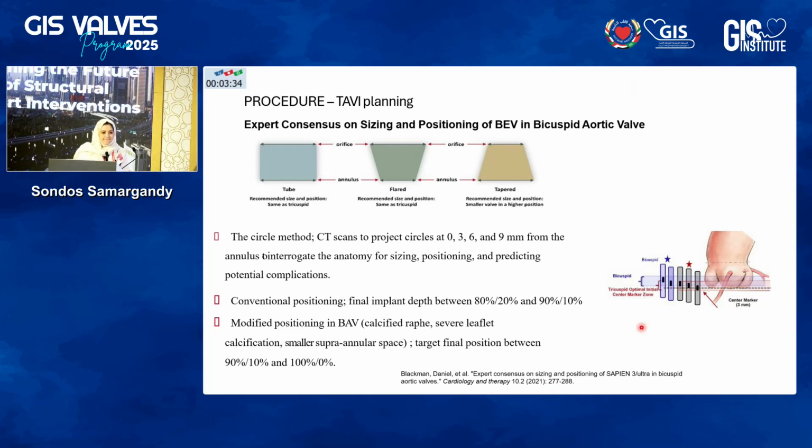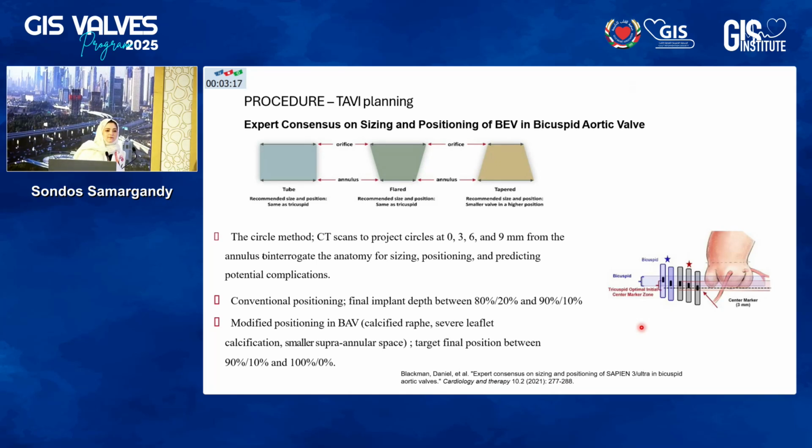Yes, once we started with the sizing of the valve, it is a combination of everything. So the intercommissural distance, and then the circle method to take the tip of the leaflets, because the anchoring now is not the annulus. The anchoring is at the fusion and the raphe, the maximum calcium.